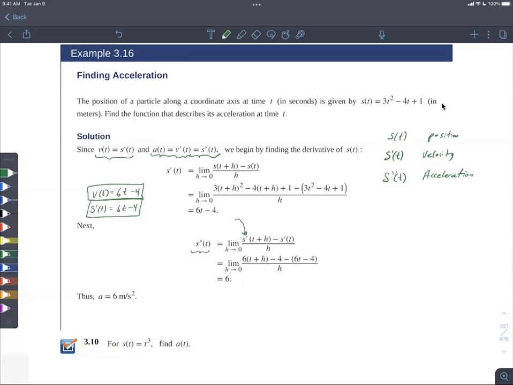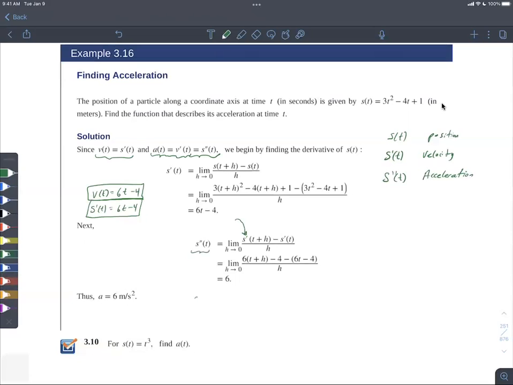And so we have our limit for the function 6t minus 4. We simplify that, cancel out any h if we need to, and we get 6.